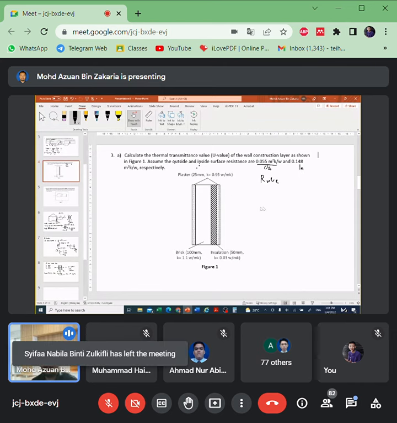Please calculate R total. R total again is a combination of each layer, so you need to find the R value of each layer. For example, this is a brick wall. You need to calculate R1, R2, R3, R4.